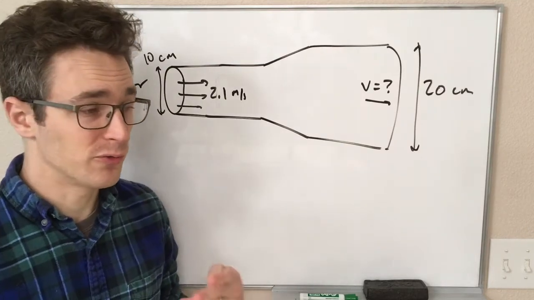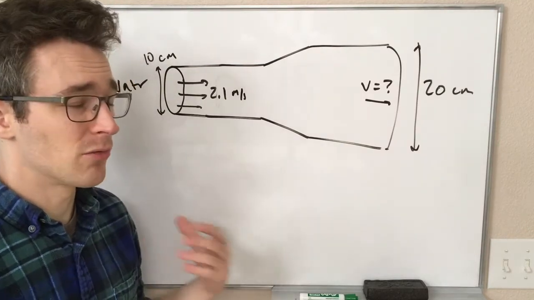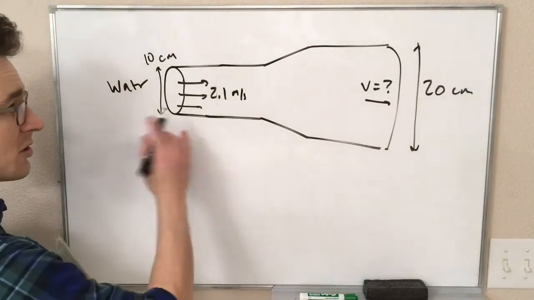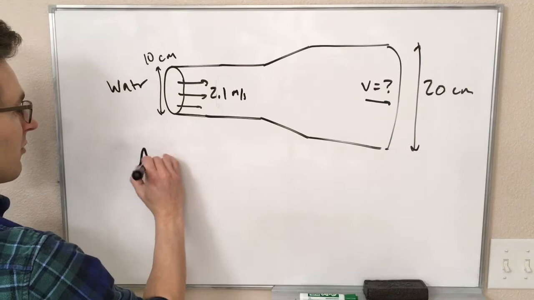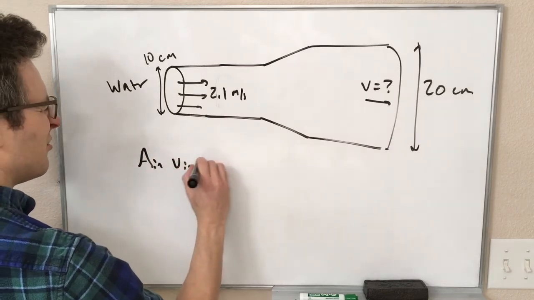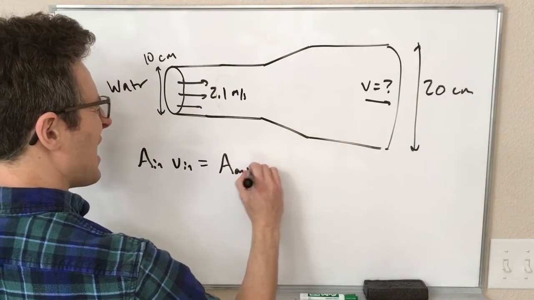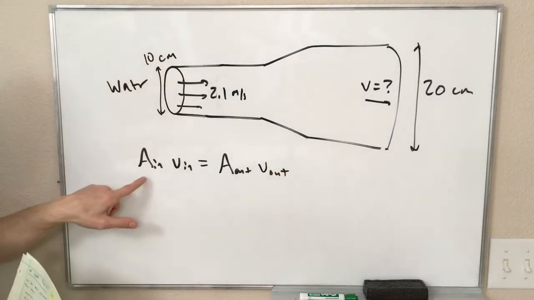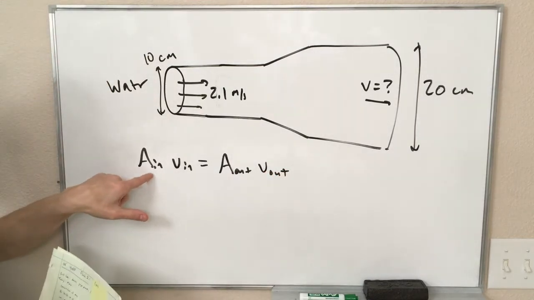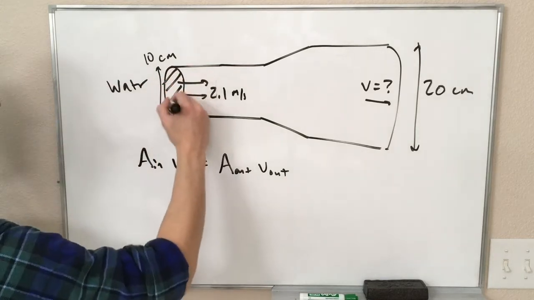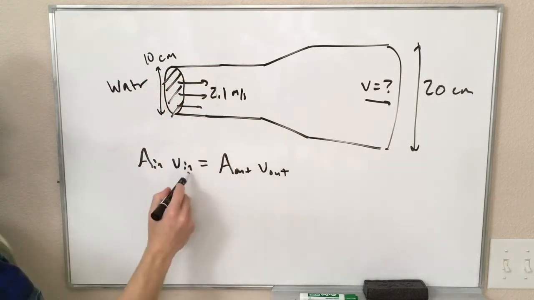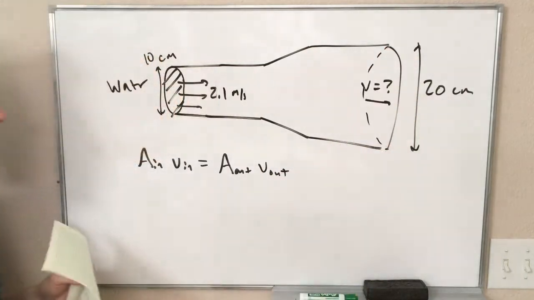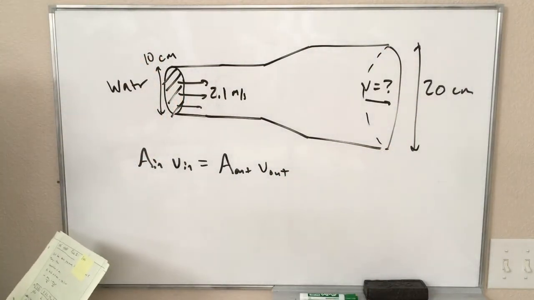We don't have to use our general fluid equation, which is rho A V. For water, rho is staying constant, so we can just use A times V. So we have A in V in is equal to A out V out. And we know A in, we know this area, we know this velocity into our system, and we also know this A out, this 20 centimeters.